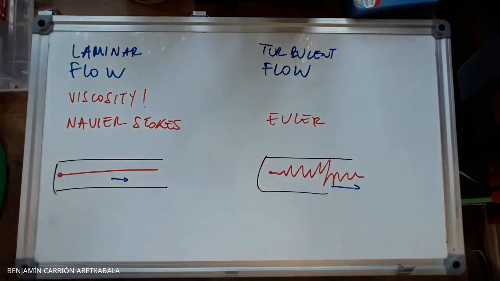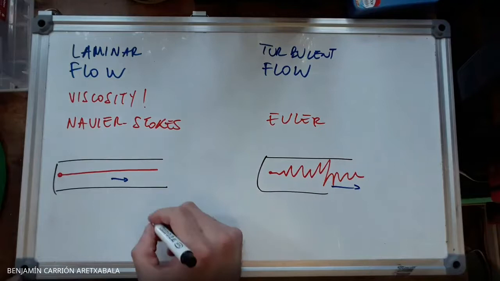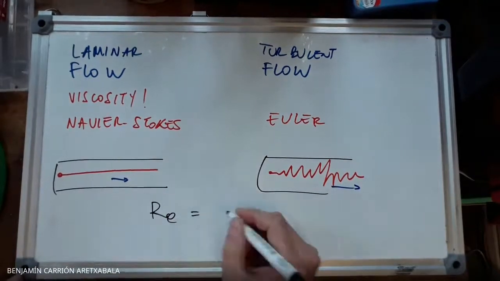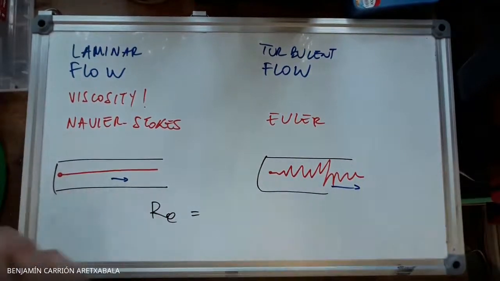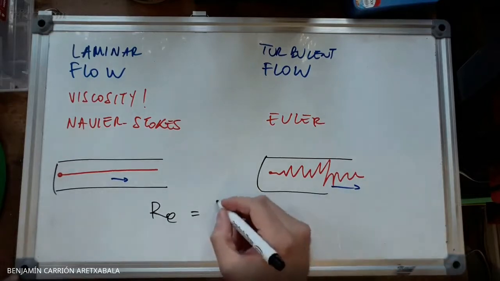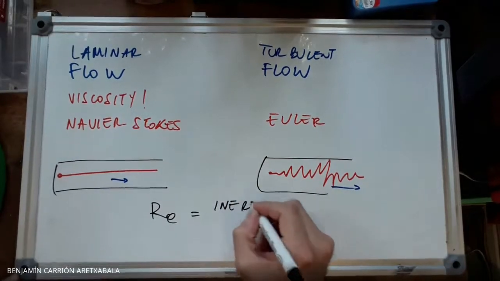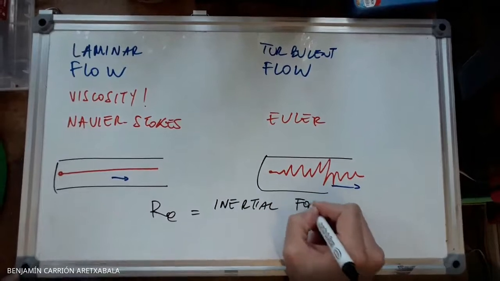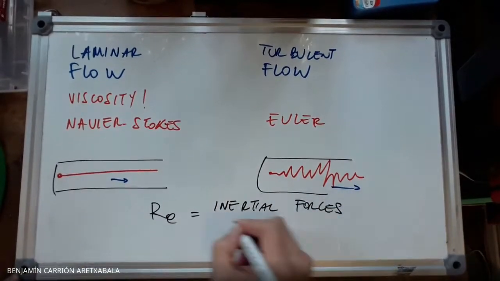Now, somebody is asking, does this depend on the Reynolds number? Yes, of course, it does. Probably you've seen that already. The Reynolds number is a non-dimensional number, meaning it has no dimensions, and it is defined as the ratio between two kinds of forces: the inertial forces and the viscous forces.